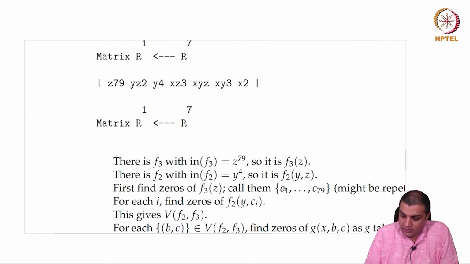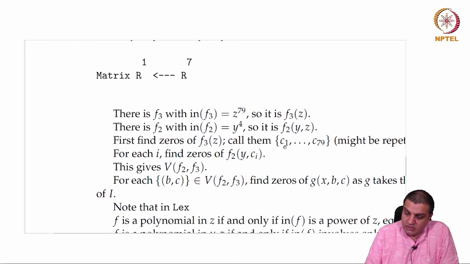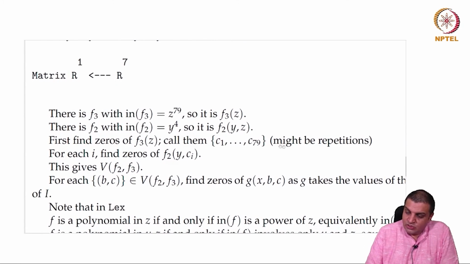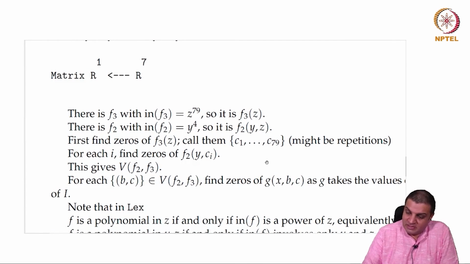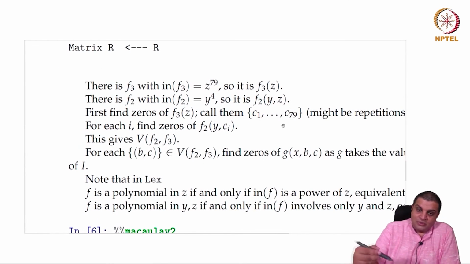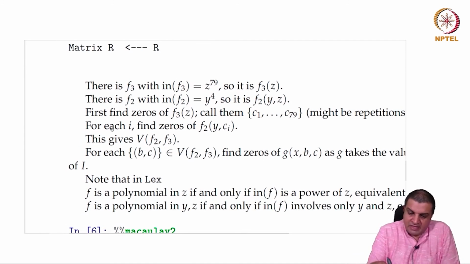Then for each value of the solution, c1 through c79, there might be repetitions. These are algorithmic aspects that one should worry about. One has to actually compute, but at least let's have an idea of how it can be done. For each i, we can substitute ci inside here and solve for f2(y, ci).